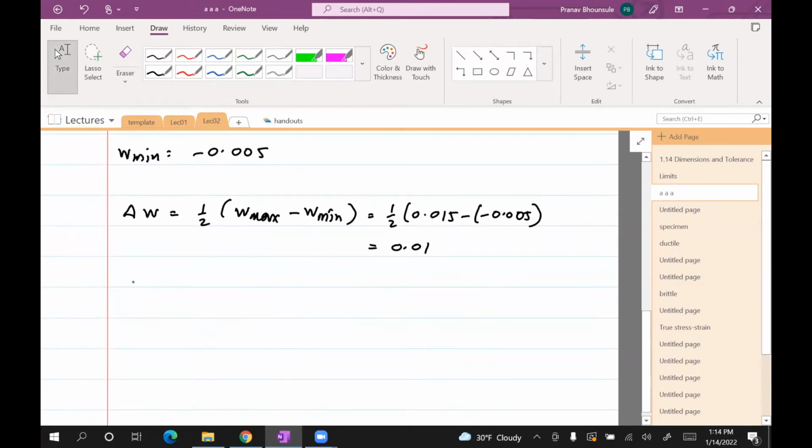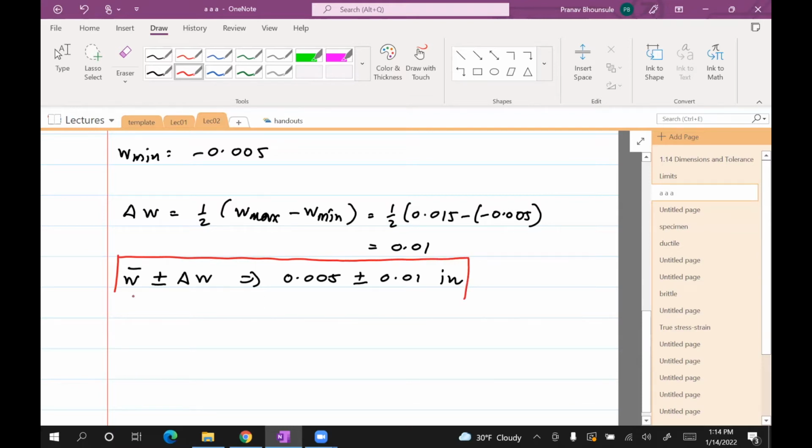So if you want to write the dimensions, it would be W bar plus or minus delta W, which would be W is 0.005 plus or minus 0.01 in. So that would be our answer to part A.